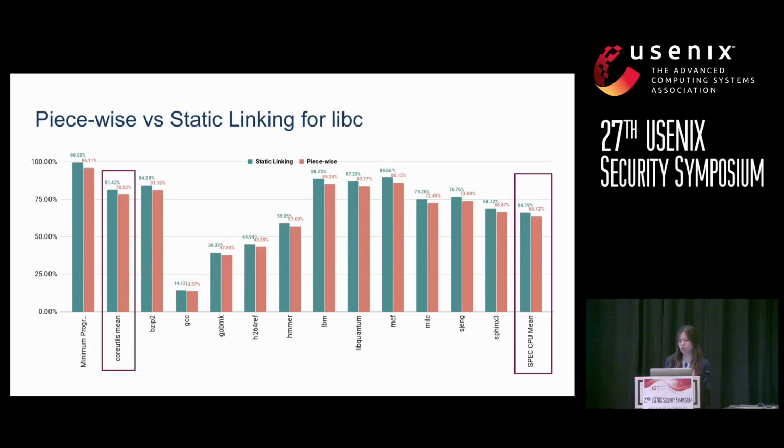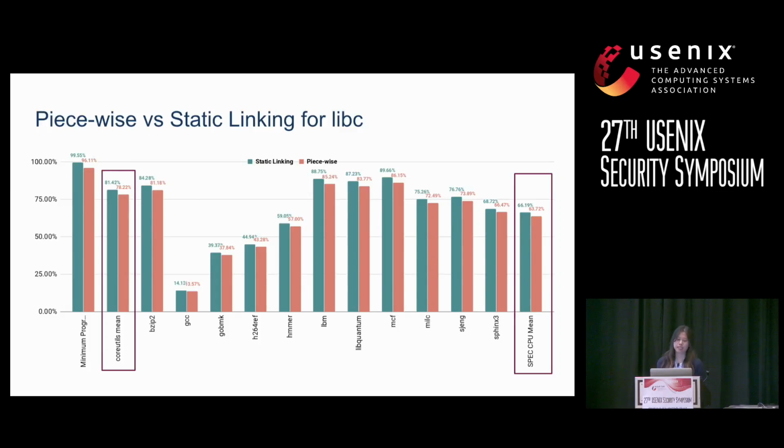To show how much of the code that piecewise is able to remove, we're comparing the amount of code that piecewise can remove from the code module versus the amount of code that static linking can remove. Why static linking? Because the program produced by static linking only contains the code that the program actually requires, and it provides the upper bound for how much of the code you can remove.